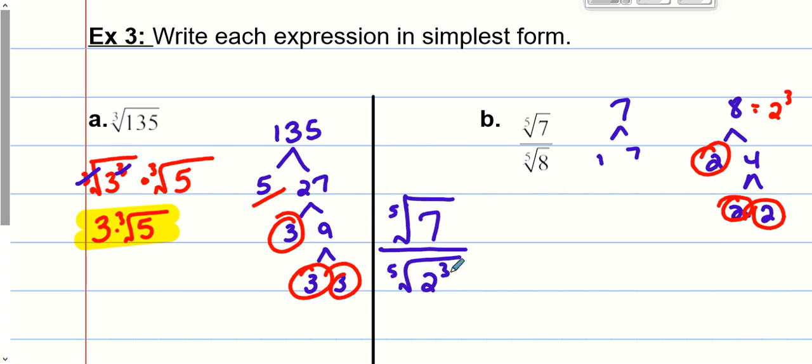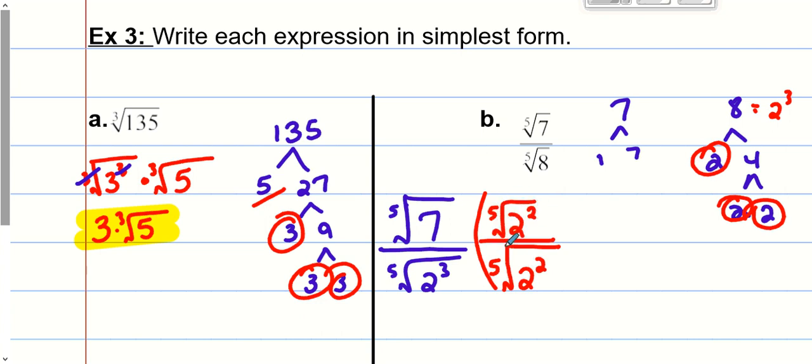So to simplify that, I need to be able to cancel. If I have a 5th root, I need a 2 to the 5th. Well, if you think about it, how many more 2's do I need? I've got 3. I need 5 in total, so I need 2 more. So I'm going to multiply by the 5th root of 2 squared. That's going to give me a total of 5 on the bottom. With fractions, anytime I multiply something on the bottom, I have to multiply the same thing on the top.